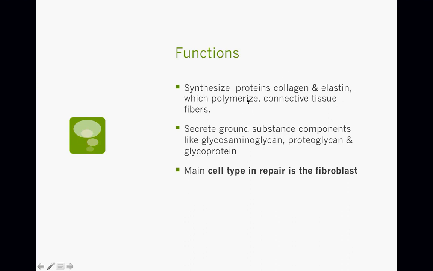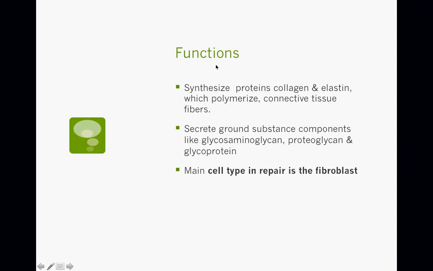These are the collagen proteins and elastin proteins, and the fibroblast will synthesize these proteins, which will ultimately polymerize into the connective tissue fibers. The second major component is the ground substance, which contains the glycosaminoglycans, the proteoglycans, and the glycoproteins, all secreted by the active fibroblast.